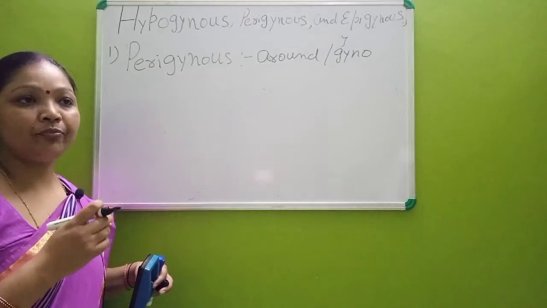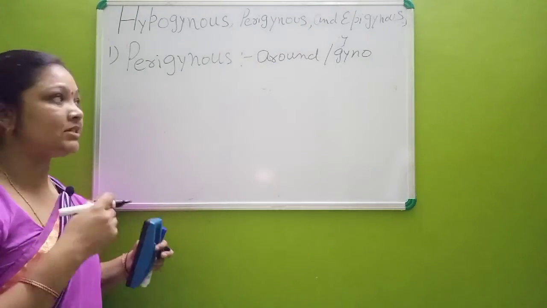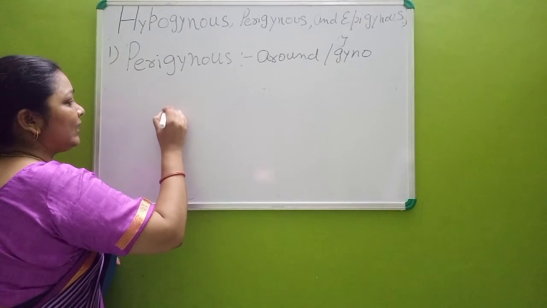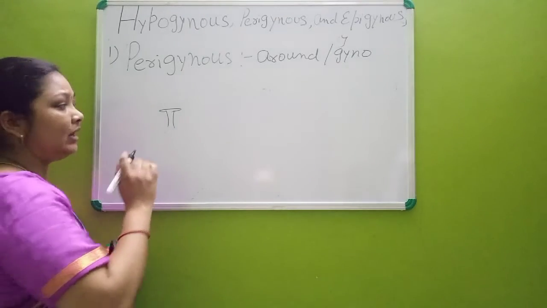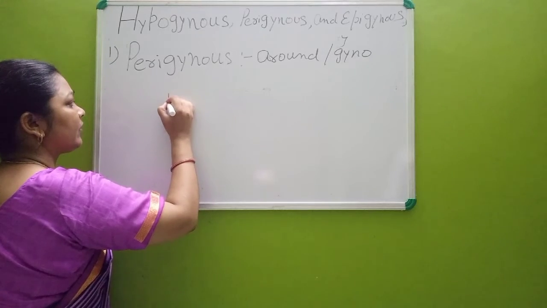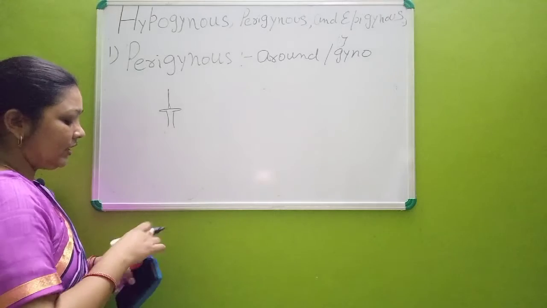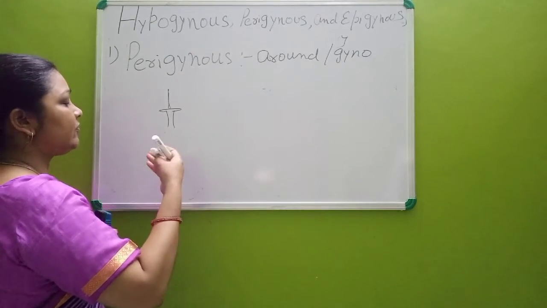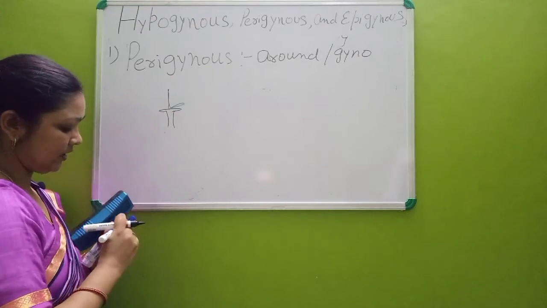Now on the basis of position, the epigynous flower may contain these types of structure. One may be where your thalamus becomes flat. Now if the thalamus becomes flat, the ovary is here, and all other structures, sepals and petals, are arising from the same position from where the ovary is arising.